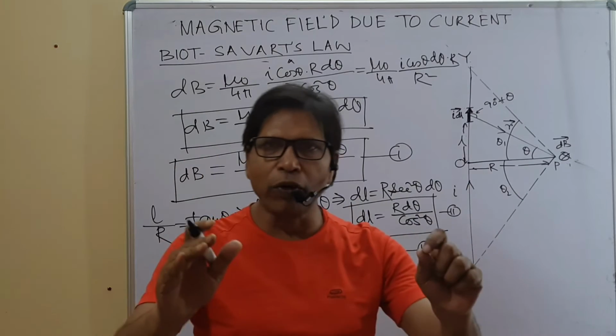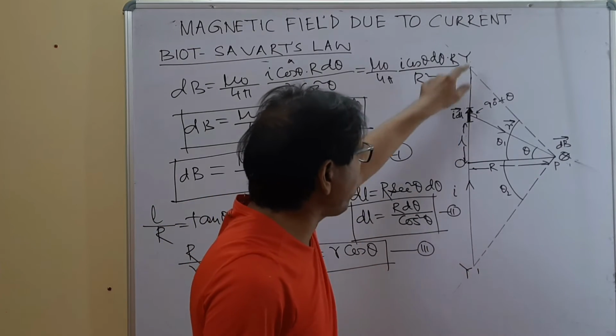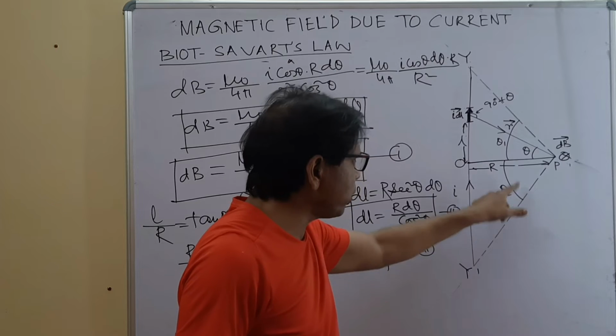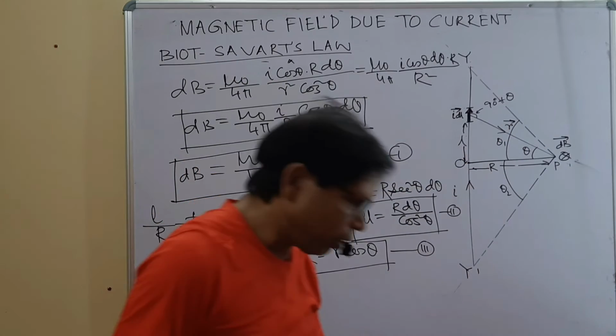Now we have to calculate the magnetic field due to the whole conductor, with this angle θ2 and this angle θ1.